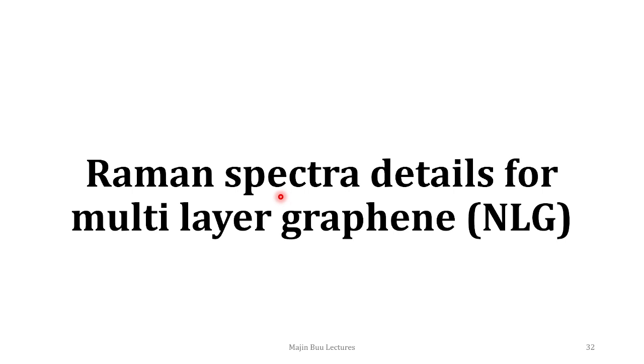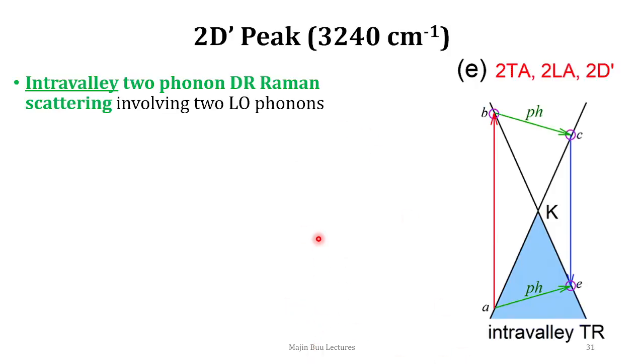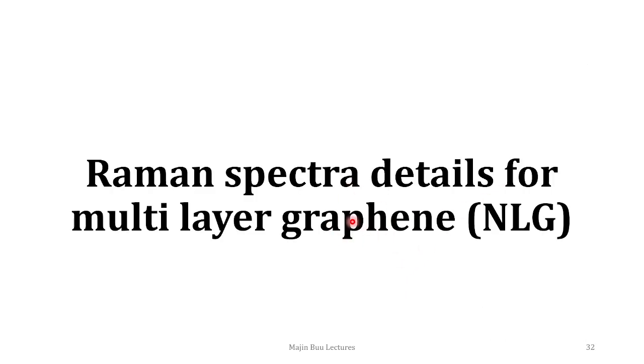While we had now discussed the Raman spectral bands such as the D band and G band, and obtained an electronic transition based perspective of these Raman spectra for a one layer graphene, we'll now proceed to get some details about the Raman spectra of multi layer graphene.